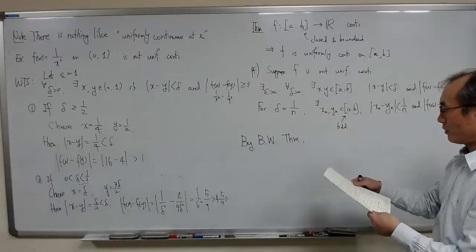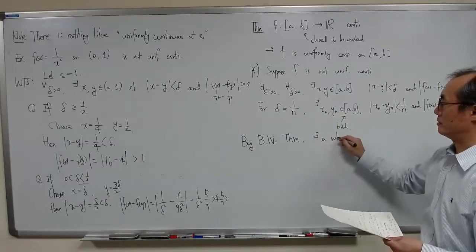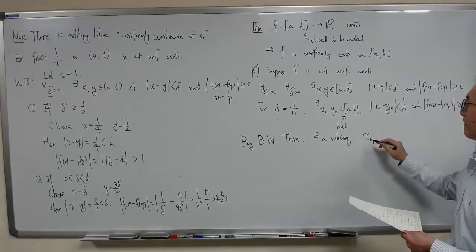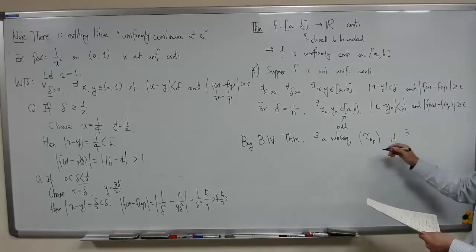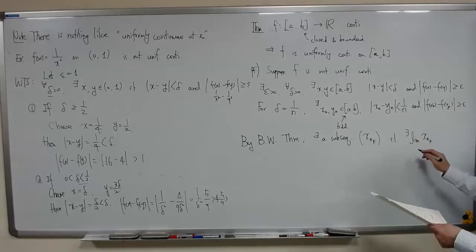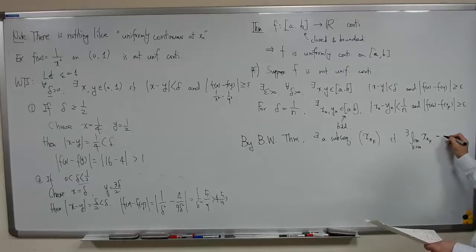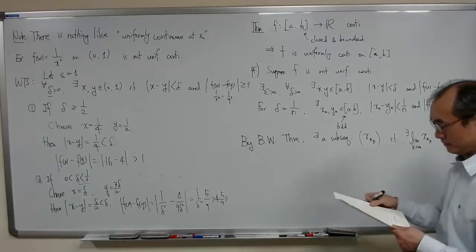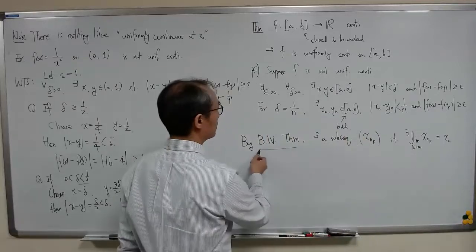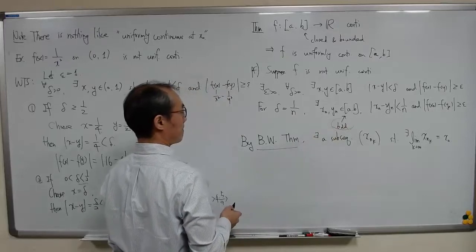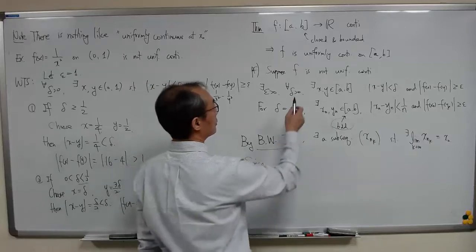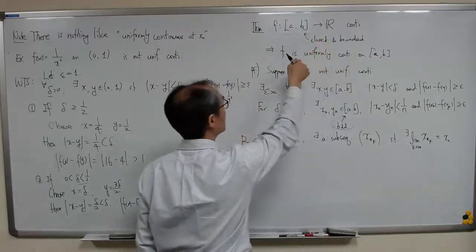So there exists a subsequence x sub n sub k, and this subsequence must converge. The limit of x sub n sub k as k tends to infinity exists, and this limit will be denoted simply by x naught. Here we use the boundedness to apply the Bolzano-Weierstrass theorem, and now we use the closedness. The domain of definition is closed.